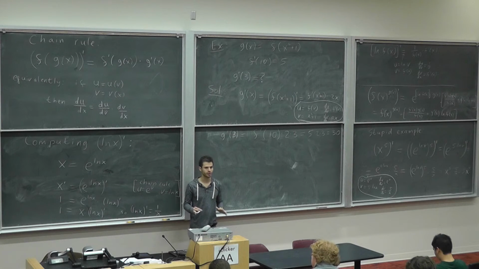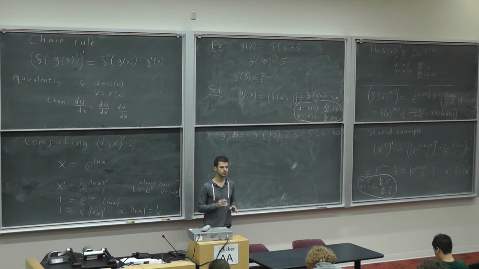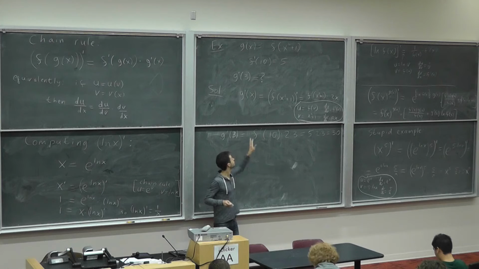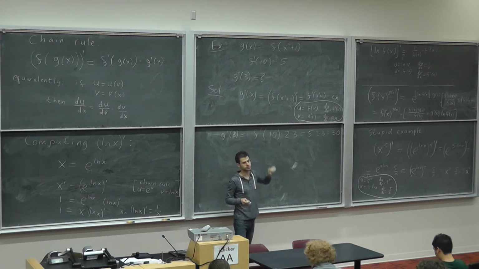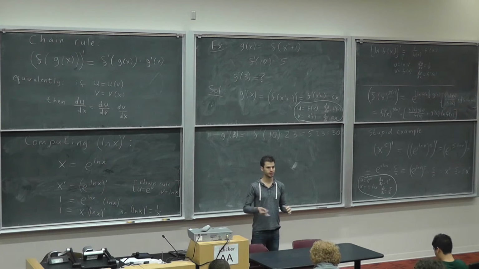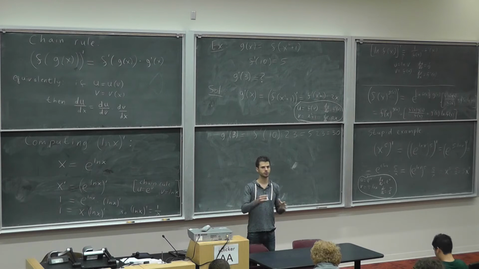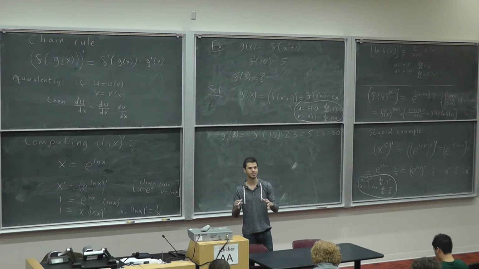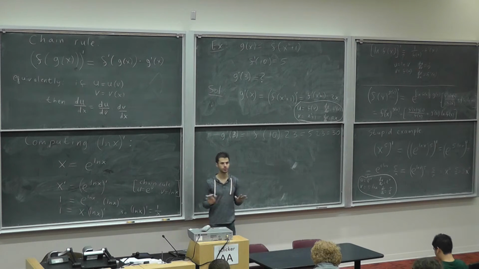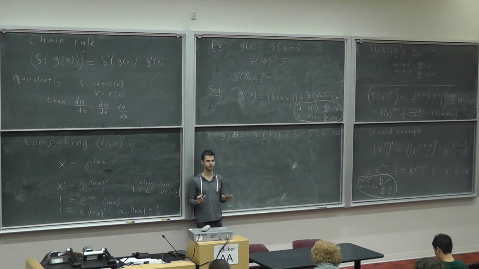That would be just wrong. Because once you plug in the number, instead of x, you plug in 3, f of 3 squared plus 1 becomes a number. And then you get confused with the derivative of the function versus the derivative of this number. So don't do this. It will be really confusing.